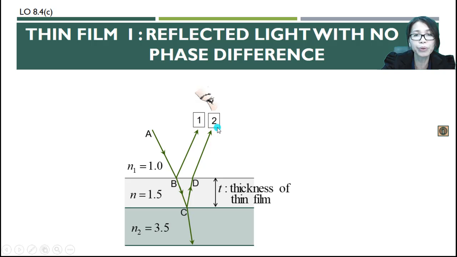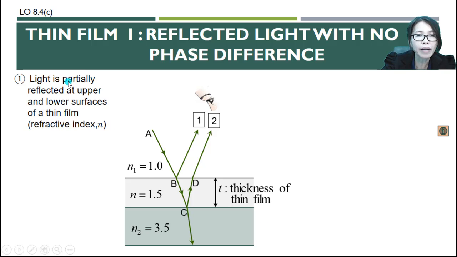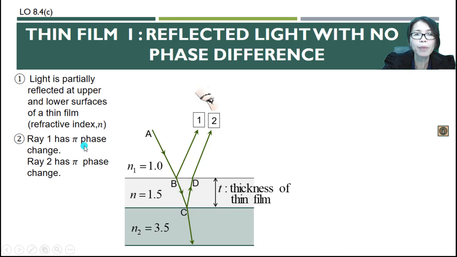So there will be two reflected rays. I denote them by ray 1 and ray 2. So you will find that light is partially reflected at the upper and lower surfaces of the thin film, forming reflected rays, ray 1 and ray 2. Ray 1 will undergo a pi phase change.